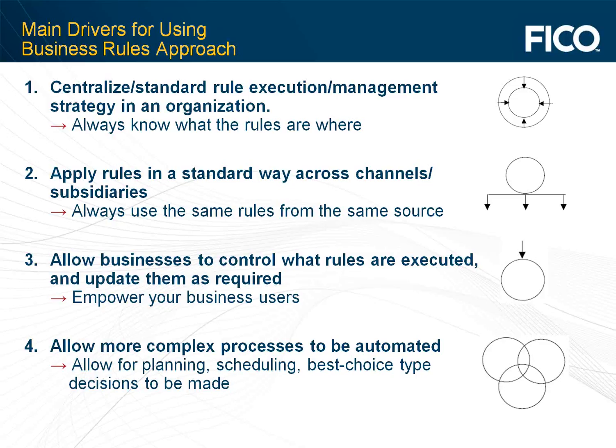And the fourth one is to allow more complex processes to be automated. We are working with a number of organizations where we got started by replicating their current business processes into a business rules management system.